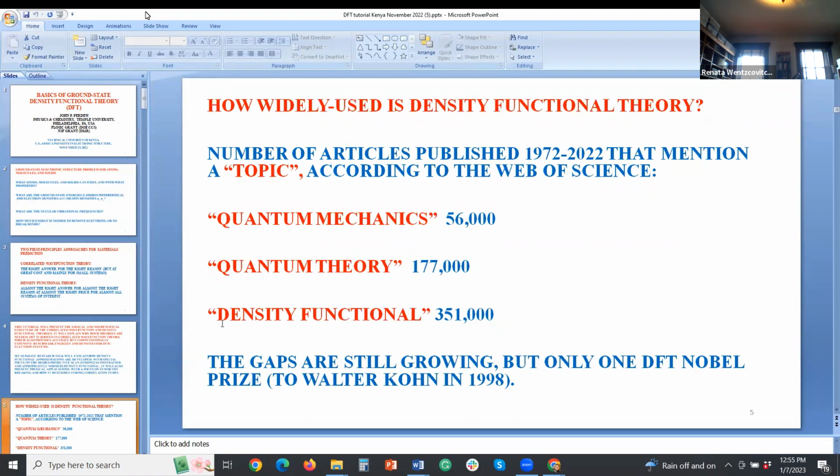For the topic quantum theory, I found 177,000. But for the topic density functional theory, I found 351,000 papers published in the last 50 years that mention that topic. And the gaps between these three numbers are still growing, but in fact, there's only one density functional theory Nobel Prize that went to Walter Kohn in 1998.